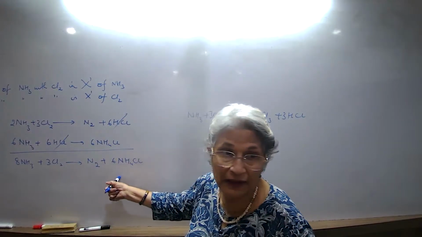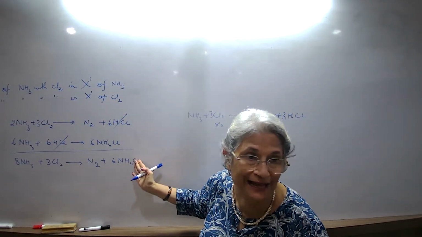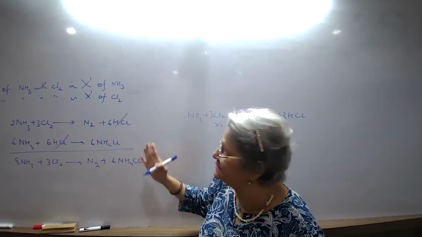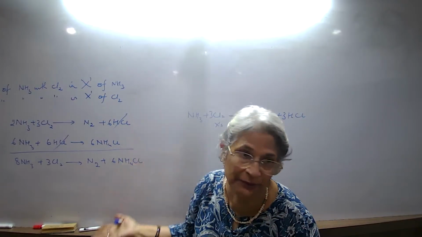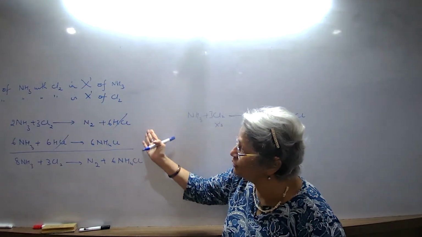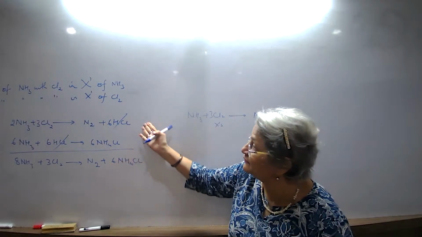This one you can remember, but I don't want you to learn it by heart. I want you to know how exactly we are getting it. So I'm just showing you the steps. Is it better to learn the steps or learn it by heart? The choice is yours. I'm only explaining to you how you got this answer. Suddenly 8 has come from where? It's come from the addition.